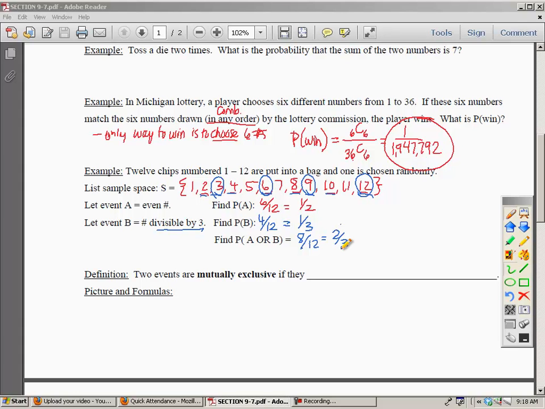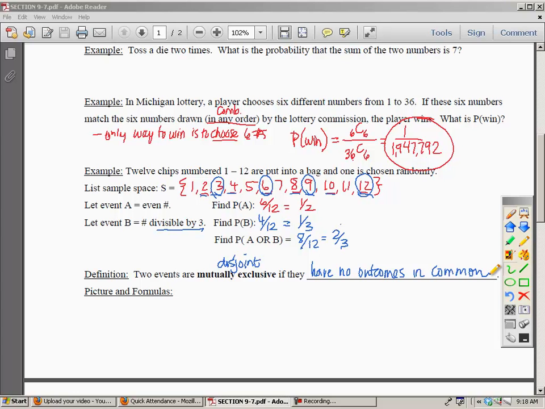Now, 2 events are called mutually exclusive. The word we used in Algebra 2 was disjoint, okay, but they're mutually exclusive if they have no outcomes in common. Okay, so nothing they have is in common if they are mutually exclusive.